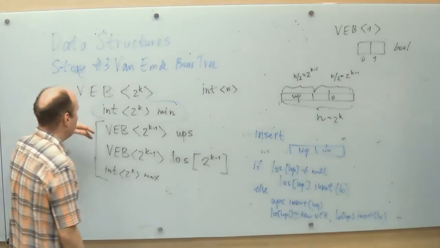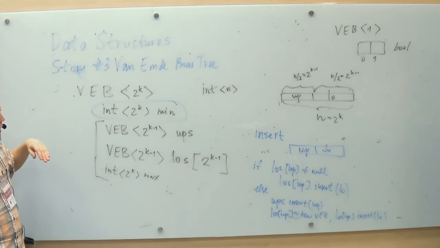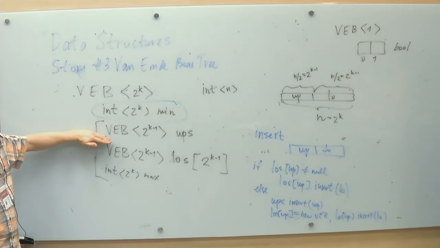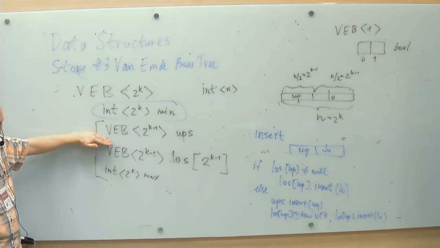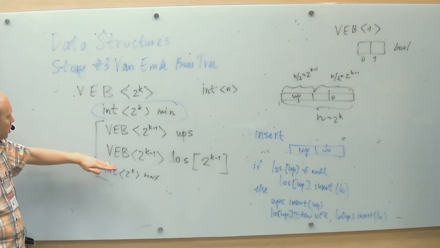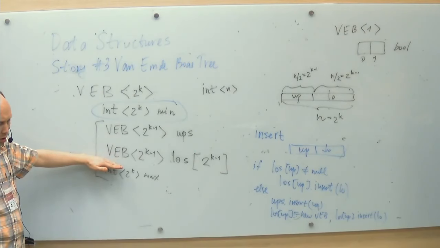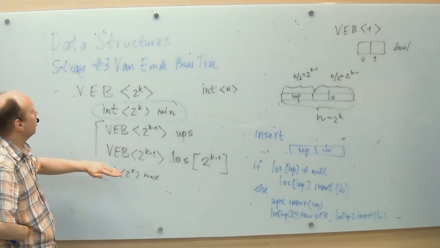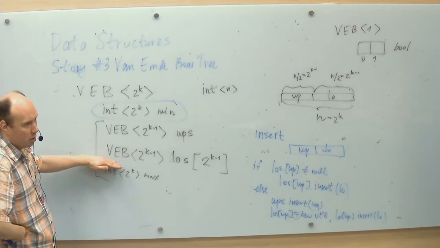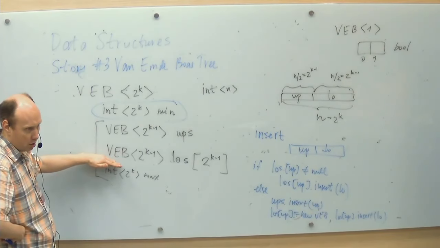Let's discuss. So let's look at the min value in ups. That's constant time because min is stored explicitly. Let's now look at this lows with this index. Its min is stored there explicitly also.